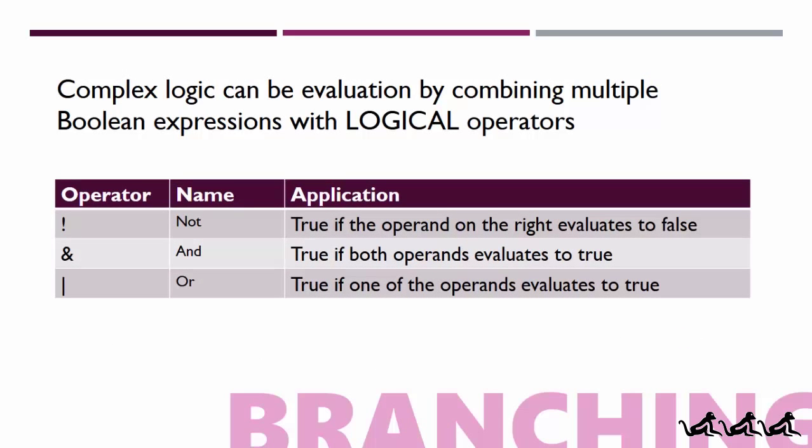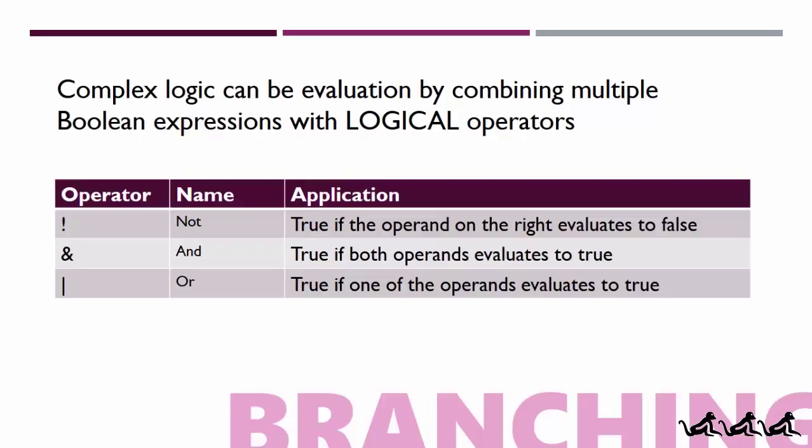You saw in the else if example that we connected the different expressions with logical operators. So we use not, the bang operator there. The exclamation point converts it to not true. And with and, if both sides are true, so if it's windy and it's rainy, it evaluates to true.